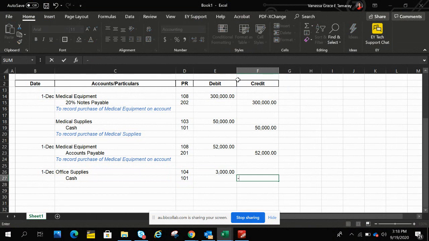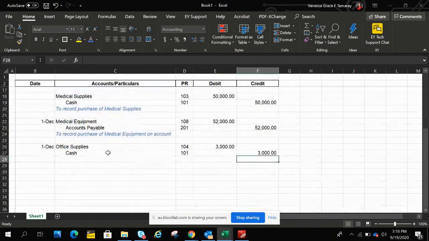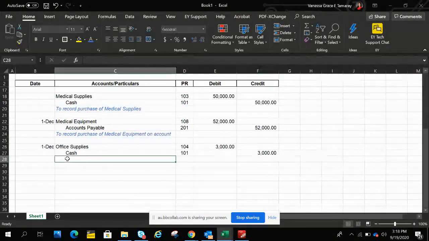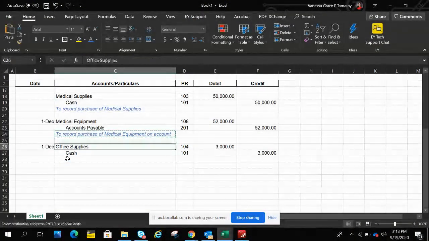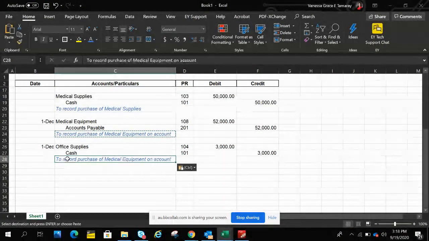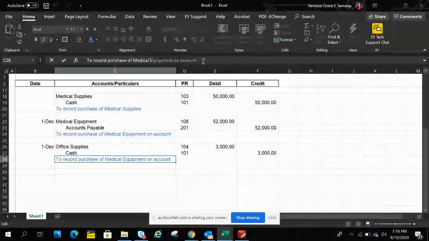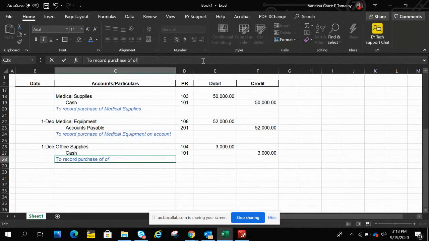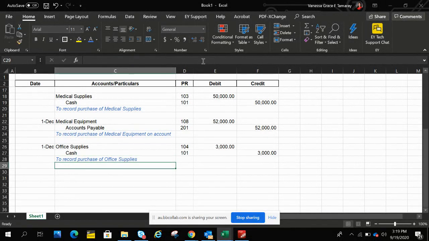And then, 3,000 pesos. Okay, to record purchase of office supplies. Next.